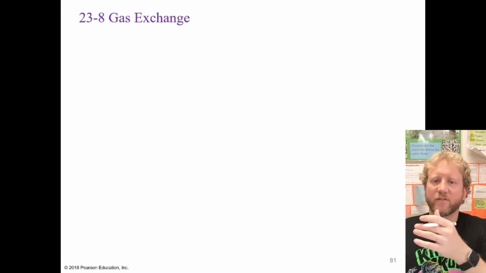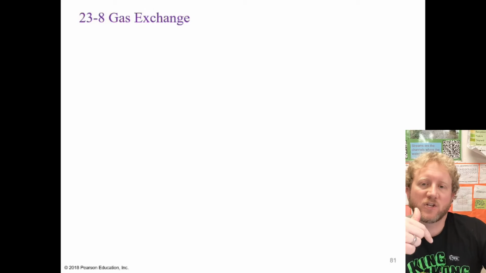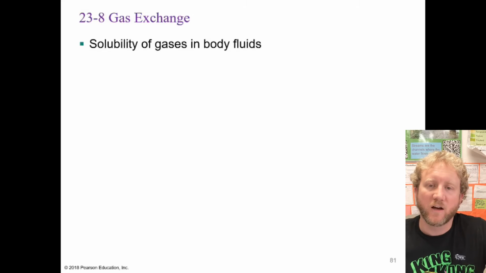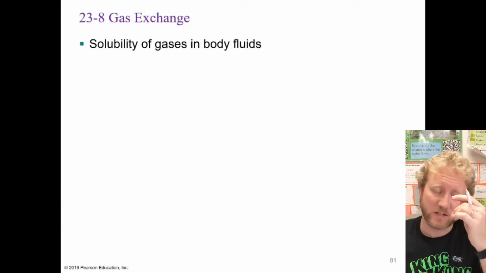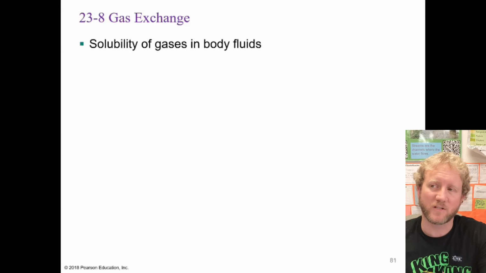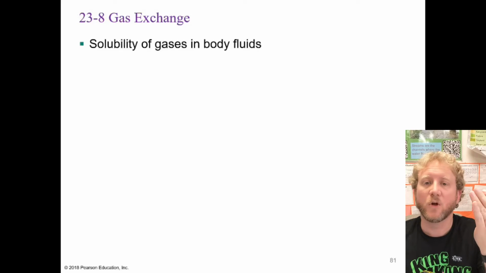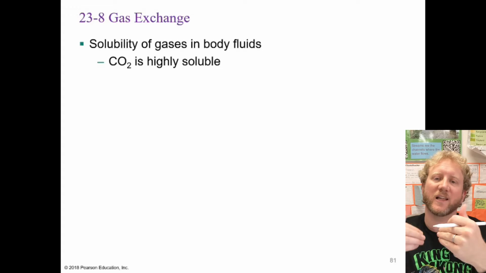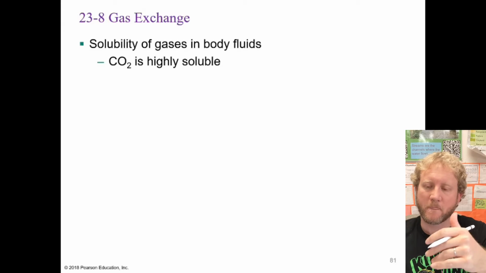The other thing that affects how much gas you can put into a liquid is the solubility of gases in various body fluids. And so we're primarily talking about dissolving these different gases in water. Carbon dioxide is highly soluble, so you can dissolve a lot at very low pressures.